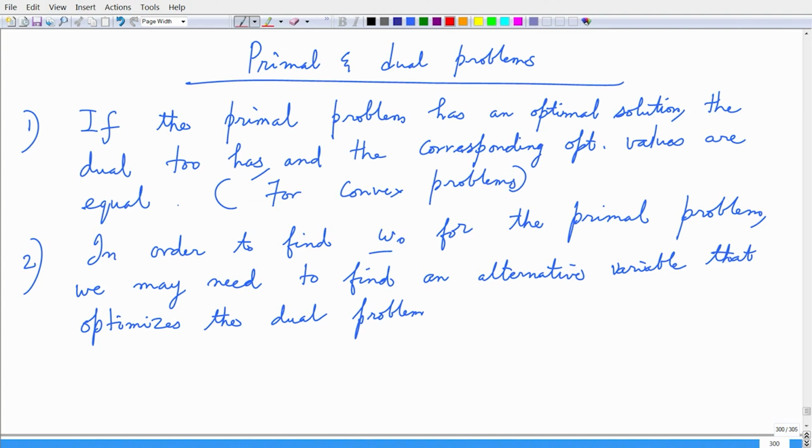For non convex problems you can have this gap between the primal problem and the dual problem, and you want to reduce this gap through your optimization techniques, but this gap is basically 0 for convex problems.